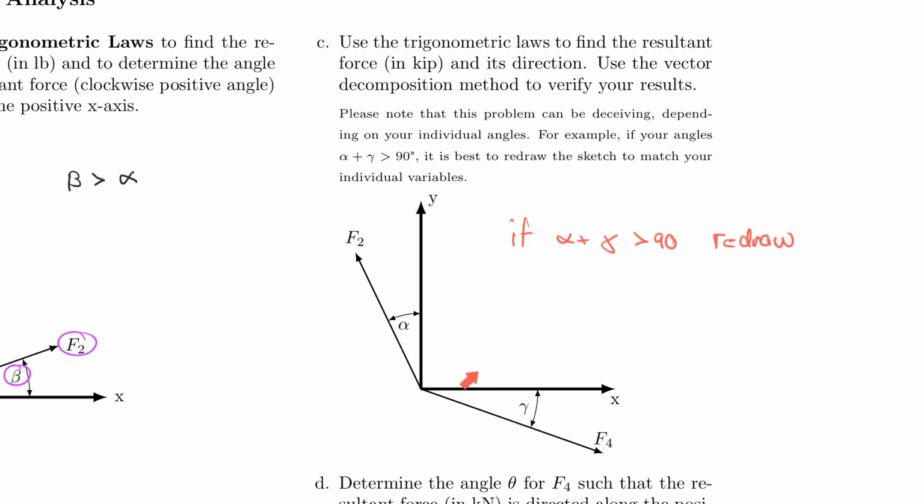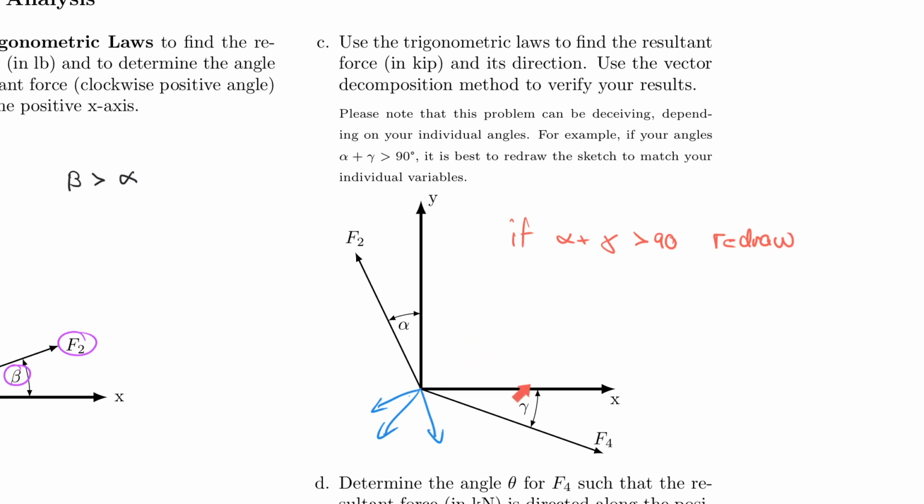Because if this is the case, that means that effectively your vectors are looking like this, let's say, and so your resultant force would go into the third or fourth quadrant. And so that is when it becomes really difficult to use the sketch that you currently see there. So please keep that in mind.